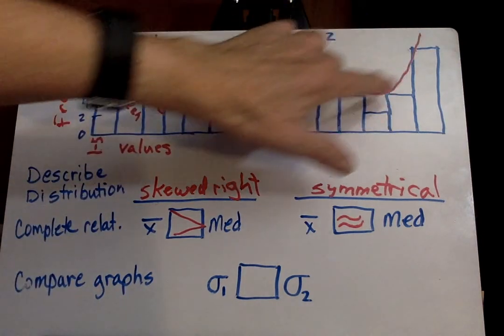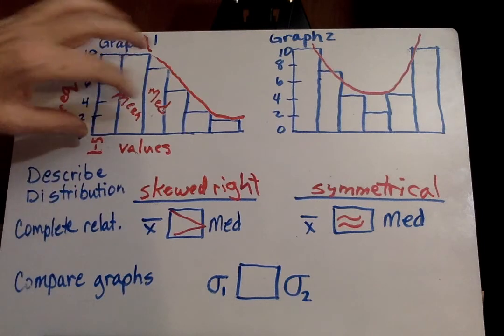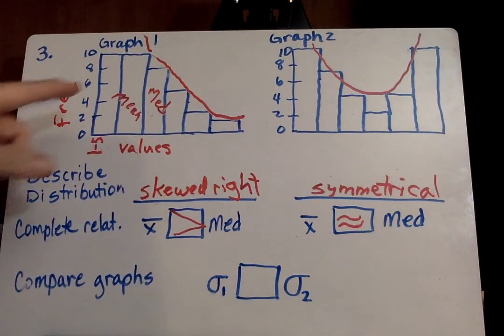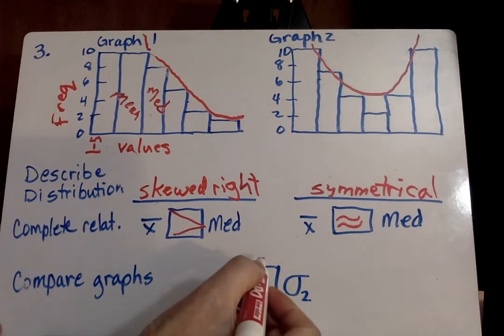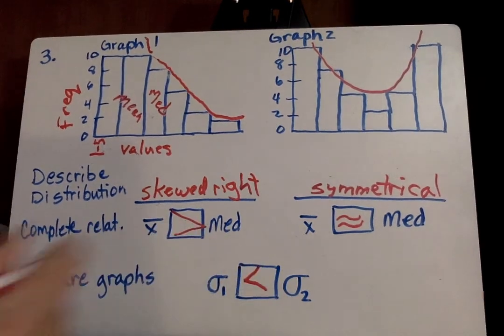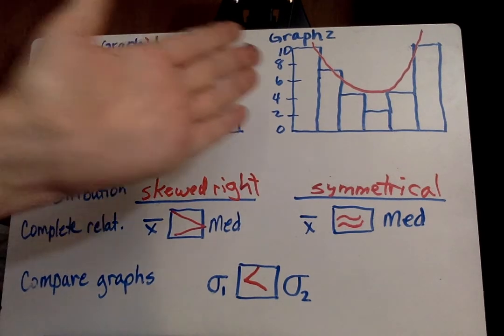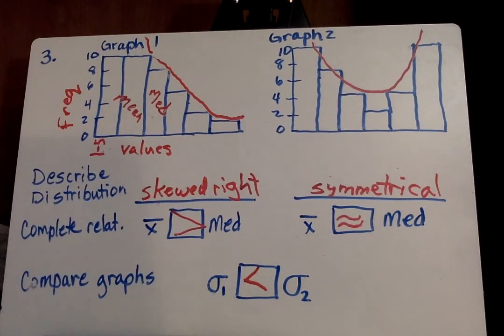This one is spread out more than this one because a bunch are clumped together and then you have some down here. So I'm going to say this standard deviation is going to be less than this standard deviation. I can't say that all symmetrical ones will be less than the other type. It depends on the distribution of the numbers.